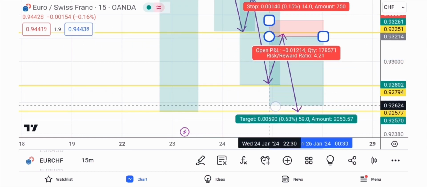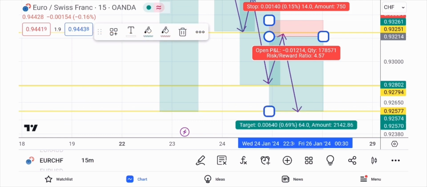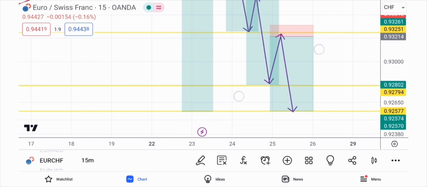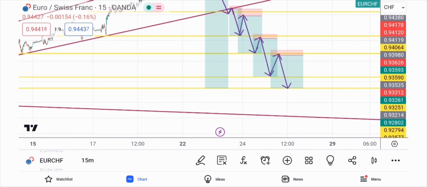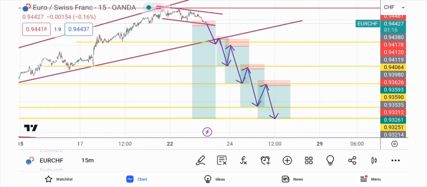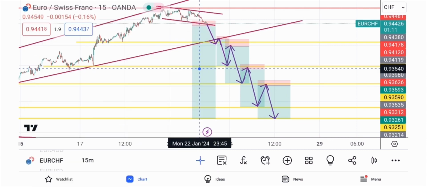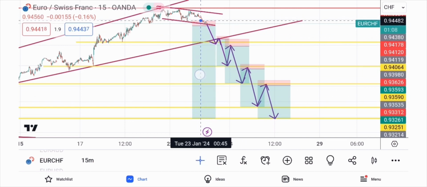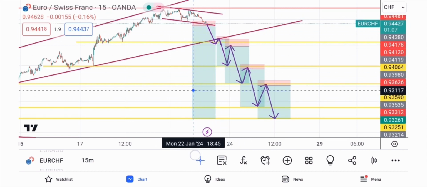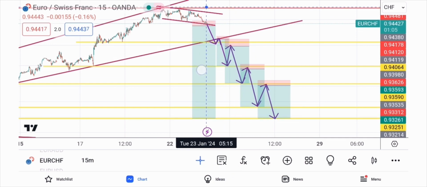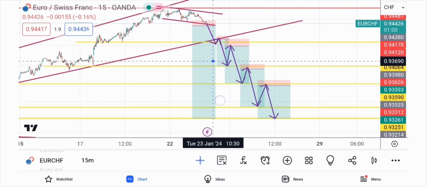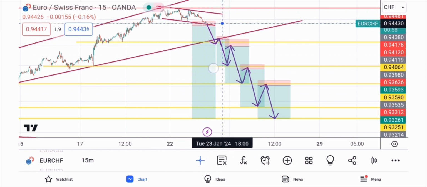You just need to keep on looking at the market when you analyze. Let's say you analyze on a weekend, so basically this is what you're going to do. This is our major level, our major target, just to show you where the market will be going for the week. This is what you are targeting on this pair for the whole week.